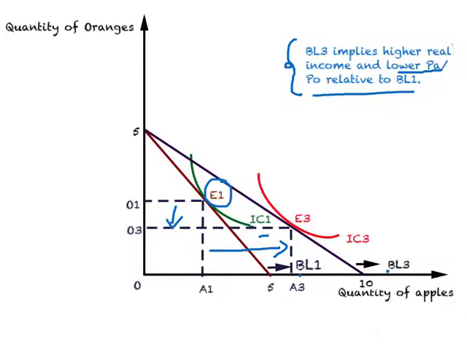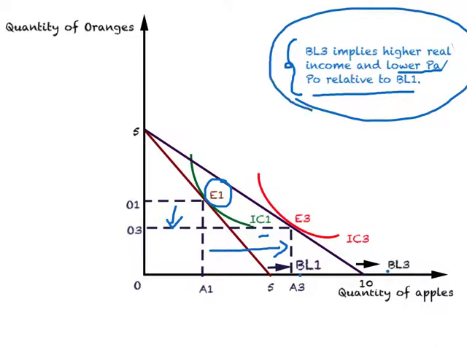Now this effect on change in consumption of apples or oranges, when we have a situation like BL3 relative to BL1, is called the price effect. And what is the price effect on apples? I'll just write PE on apples will equal A1, A3.